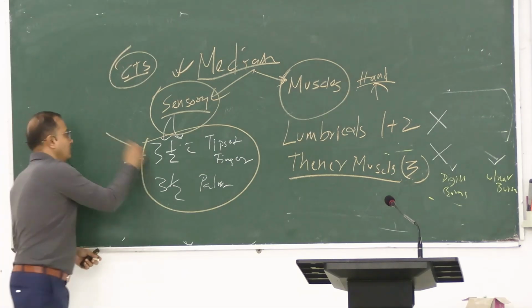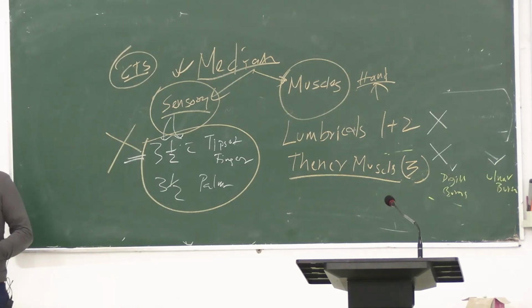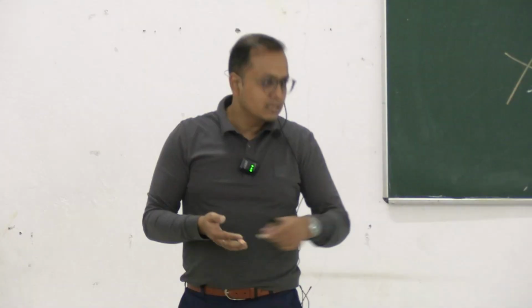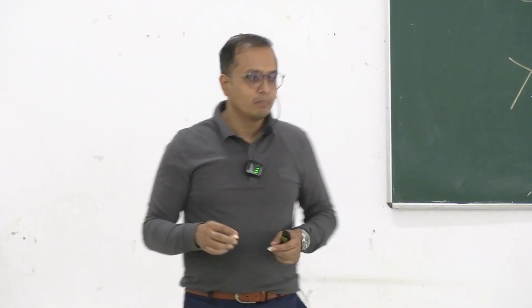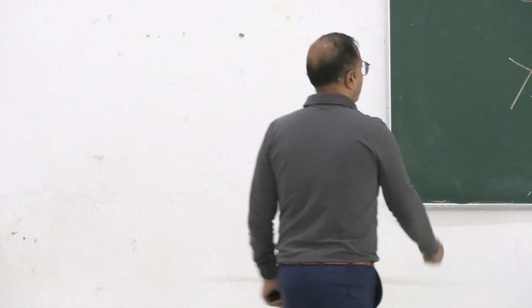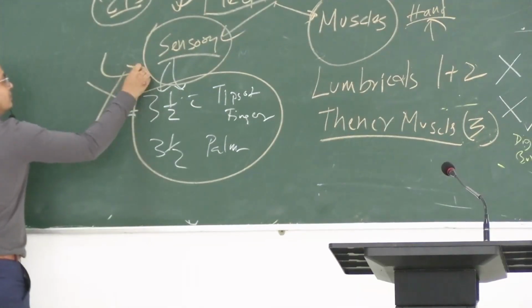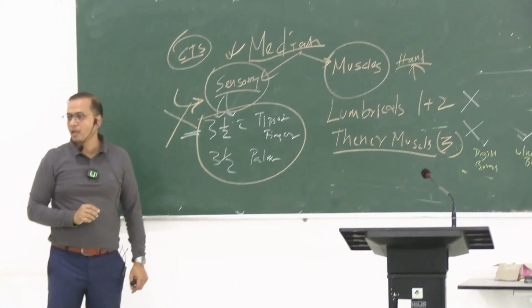No. So in carpal tunnel syndrome, where the median nerve is compressed, these muscles will not work. The thinner muscles will be weak and atrophied, and the sensory supply of this region, supplied by the cutaneous branch, will be affected accordingly. But we have a twist here in the sensory supply. What twist?